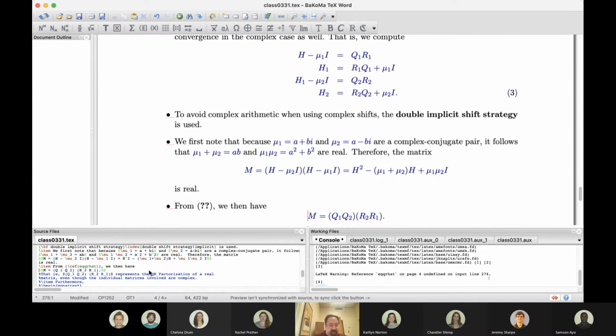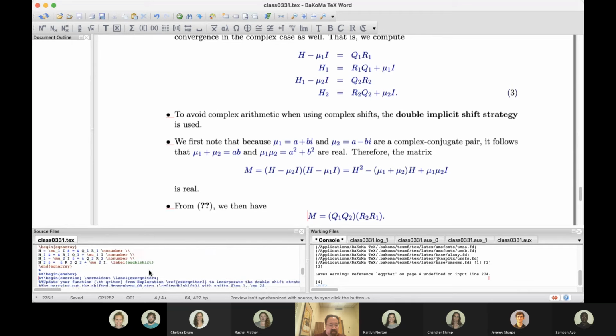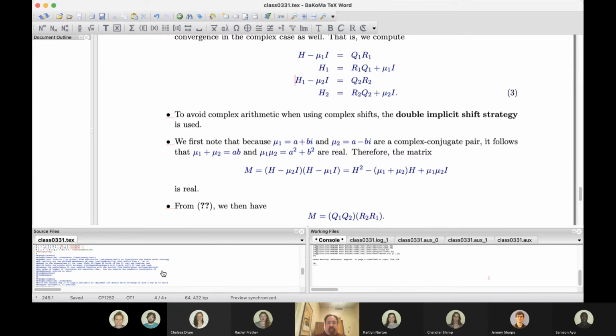I need to check my equation references here. Something looks odd here. Need to check something in the book. Okay. I hope I don't have a flawed equation reference.